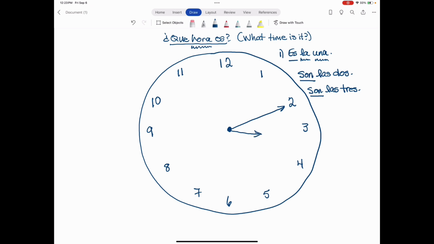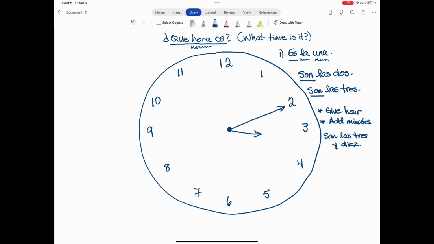You are going to give the hour, and step 2, add the minutes. So what you're going to say is son las tres y 10. It is 3 and 10 minutes is literally how that translates.